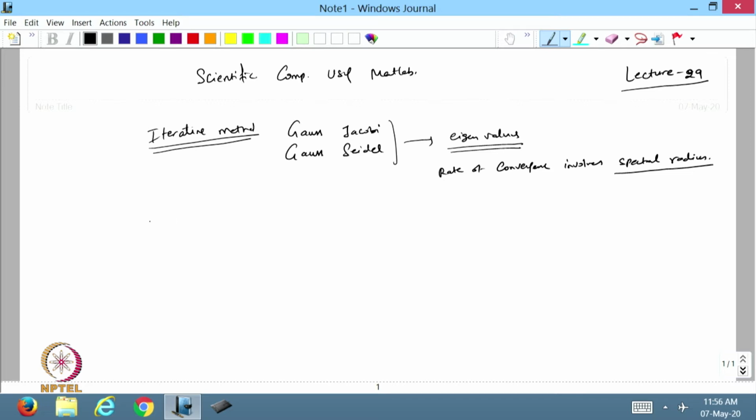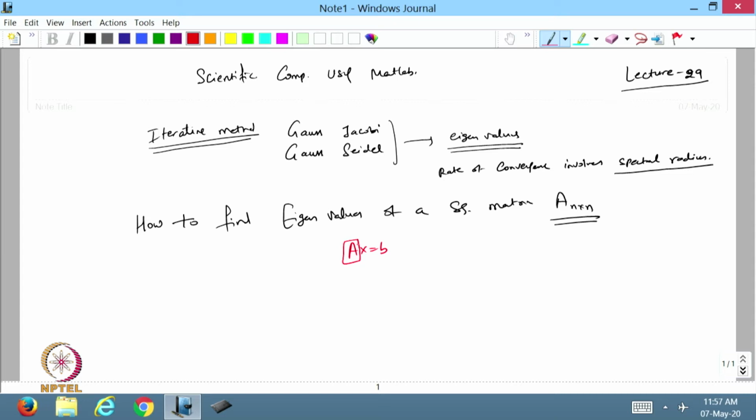So, the next topic is how to find eigenvalues of a square matrix A, that is n cross n. Because we are involved with solving the system Ax = b, and then we have to find the eigenvalue of this n cross n system.